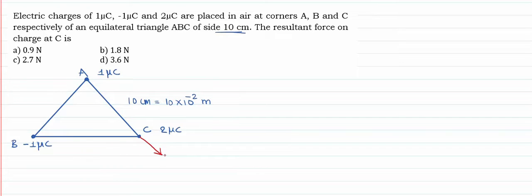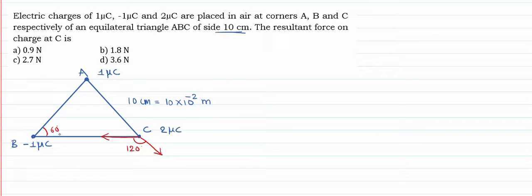B and C are one positive and one negative, so attraction, so C will move towards B and force will be in this direction.